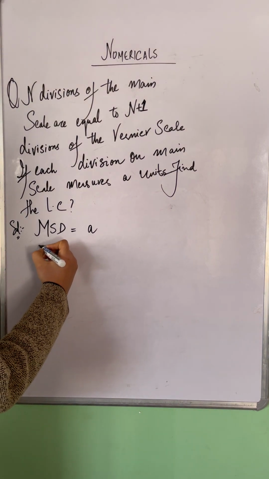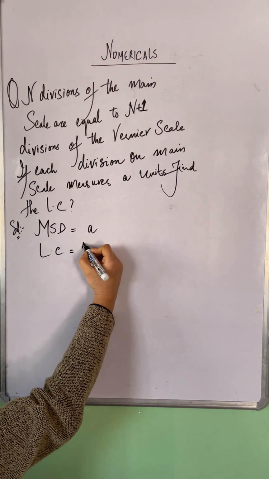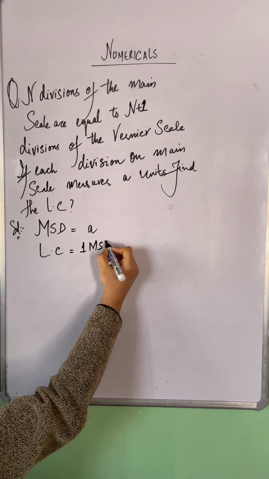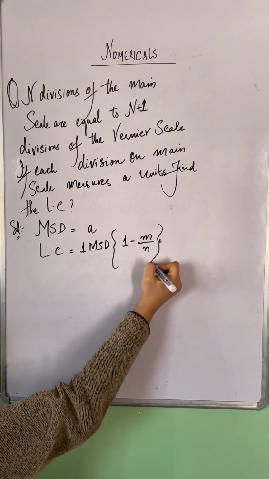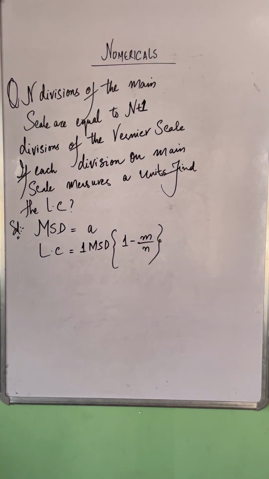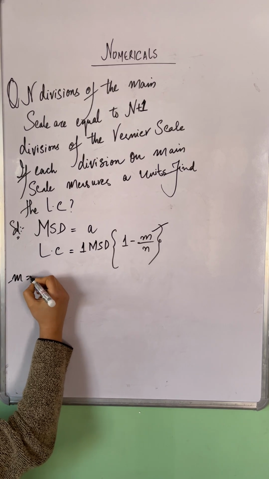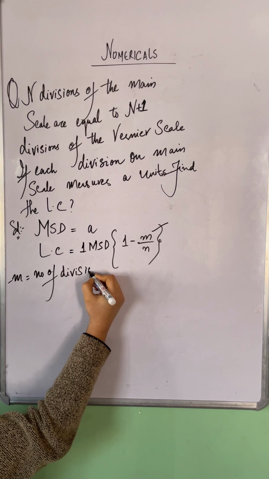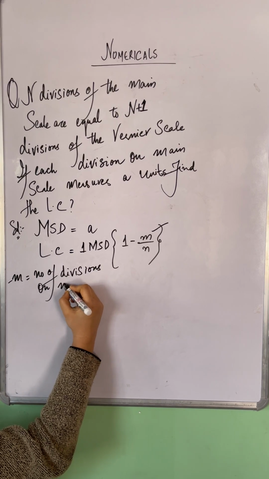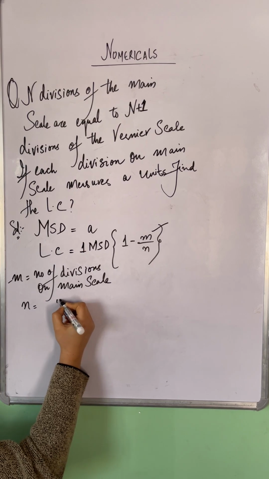There is an alternate formula for least count, where least count is equal to 1 MSD multiplied by 1 minus M by N, where M is number of divisions on main scale, N number of divisions on vernier scale.